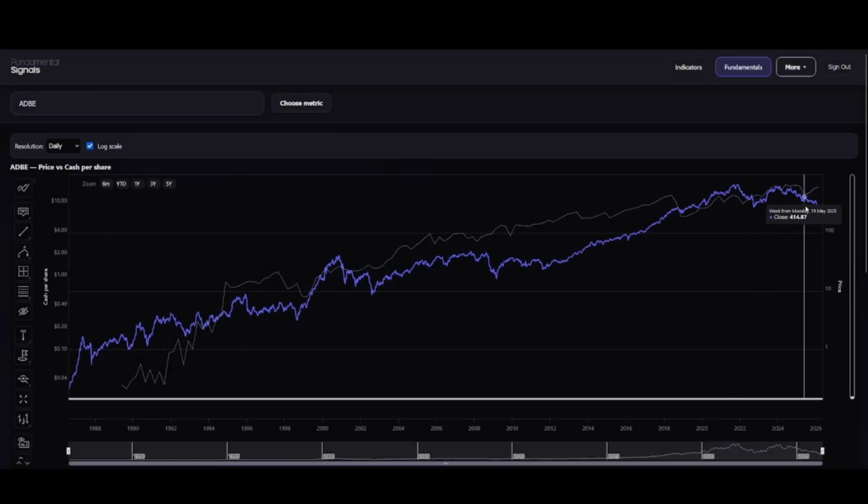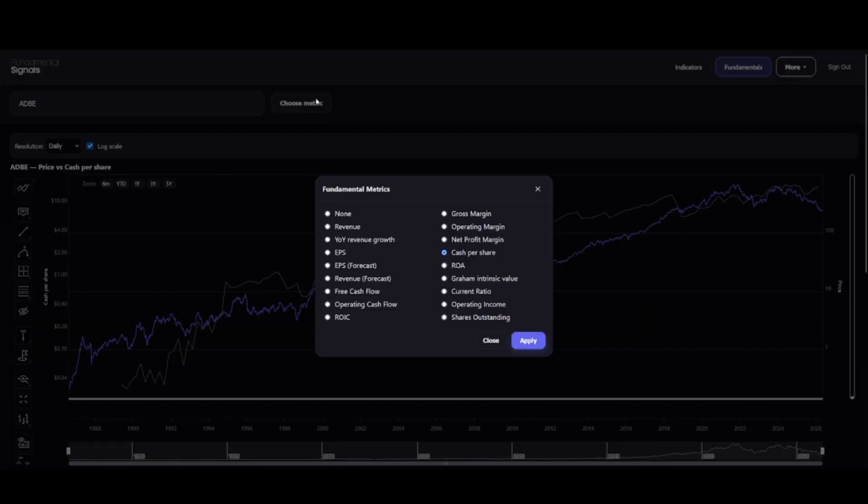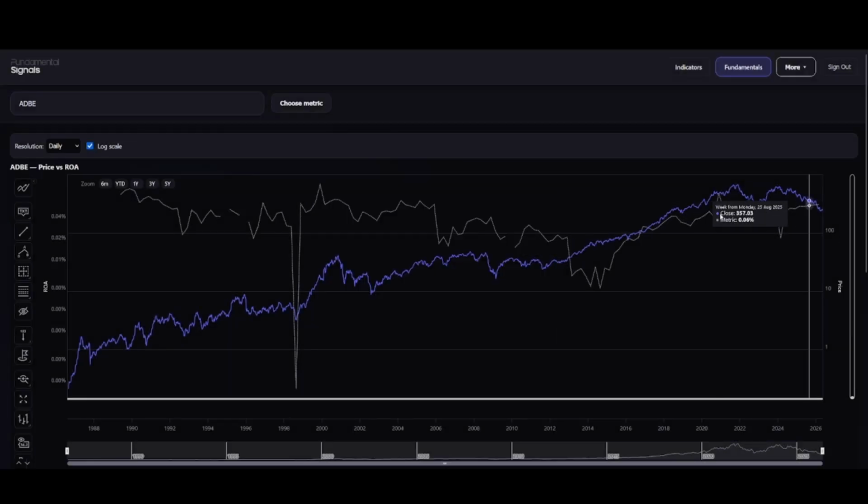Trending very, like, look at this divergence. So look how from 2019 the price has been following this, and then suddenly from January 2025 it broke. So that's where the opportunity is. Return on investment asset.